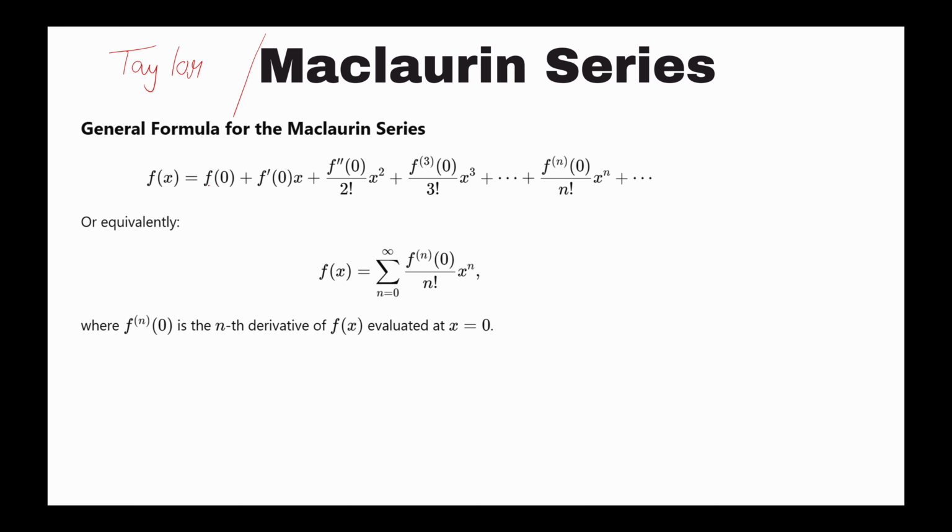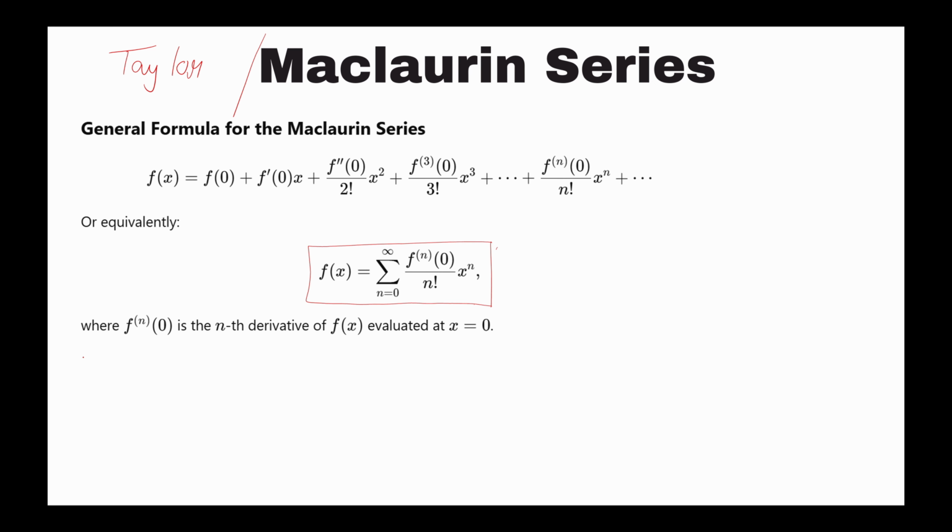F of x is equal to f of 0 plus f dash 0 x plus f double dash 0 x square by 2 factorial plus f differentiated 3 times with x as 0, x cube by 3 factorial, and this goes on up till infinity. So the general term is written in this format. You can remember this general term.